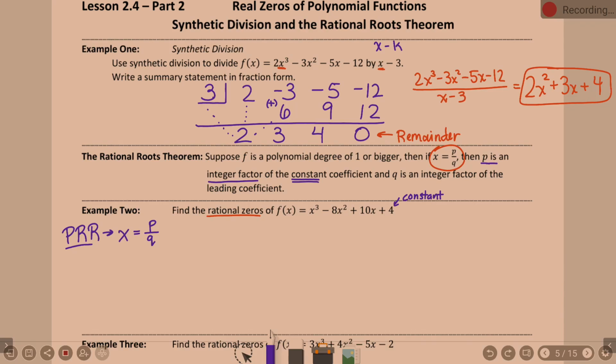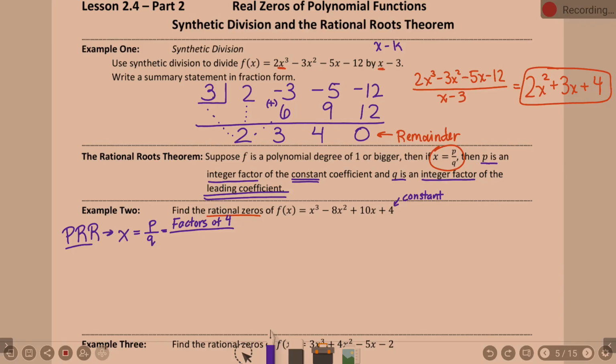So on top where it says P, we're going to be looking at the factors of 4, over Q. Q is an integer factor of the leading coefficient.